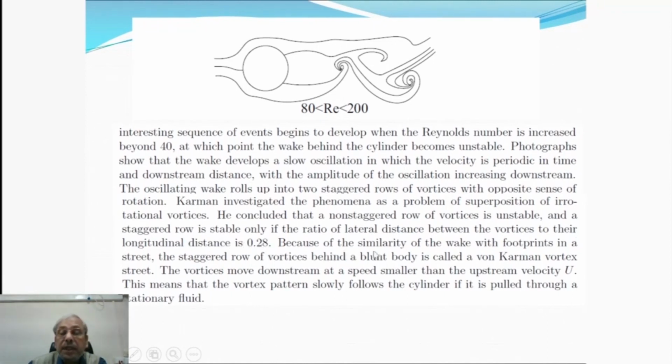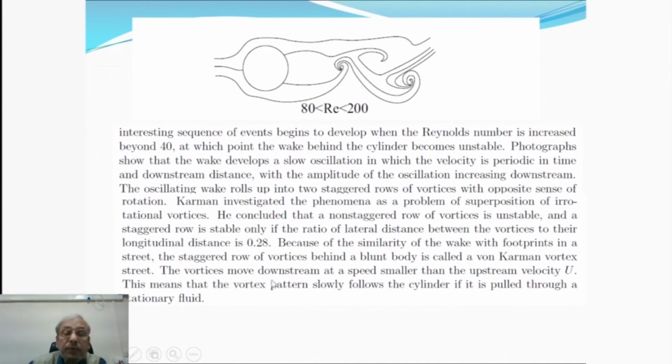Because of the similarity of the wake with footprints in a street, the staggered row of vortices behind a bluff body or blunt body is called the von Karman vortex street.